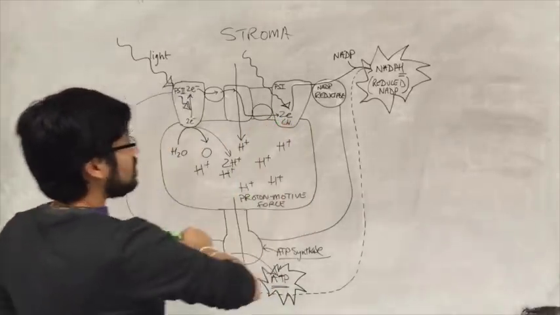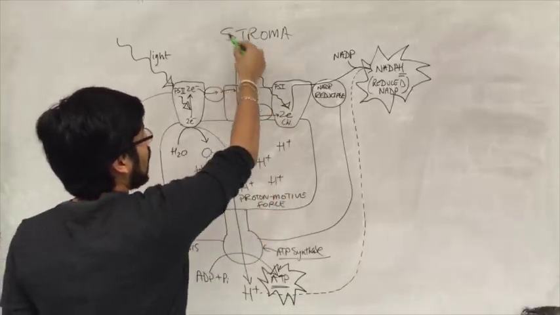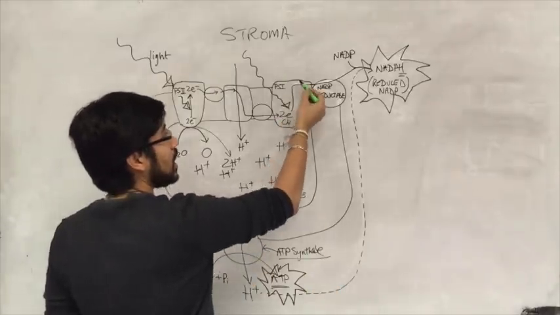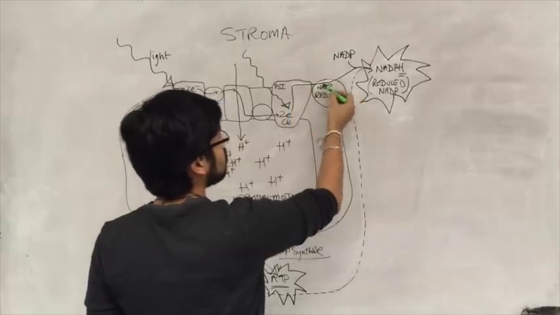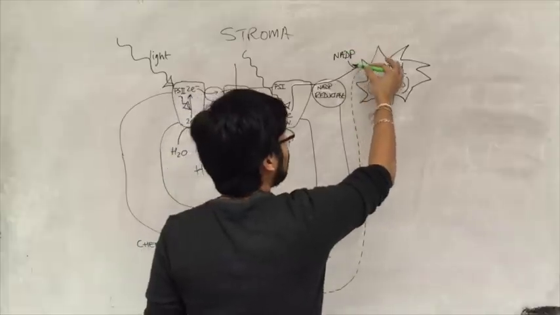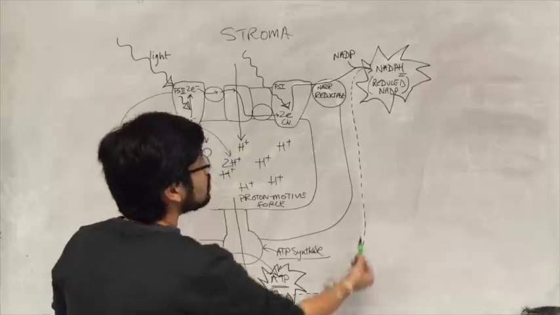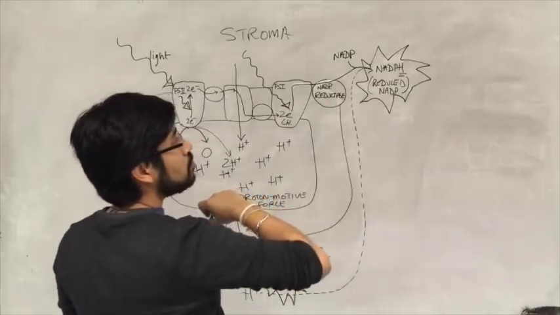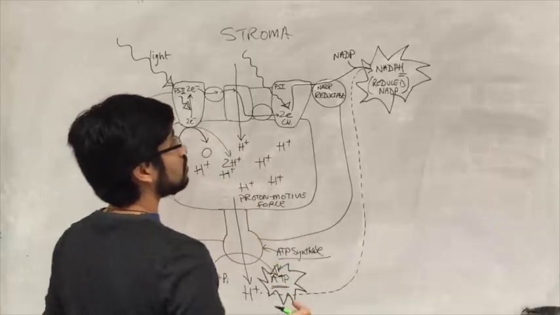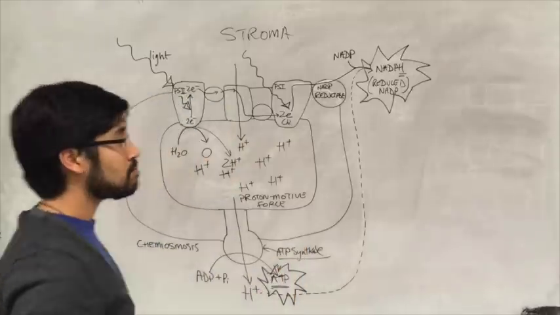So what's happened to these electrons? They've passed to photosystem 1. We now absorb more light, and the energy level is raised again and these electrons are passed on to NADP reductase, which combines those electrons with NADP and uses 2 protons that are in the stroma because of the diffusion out of the thylakoid space, and generates NADPH.